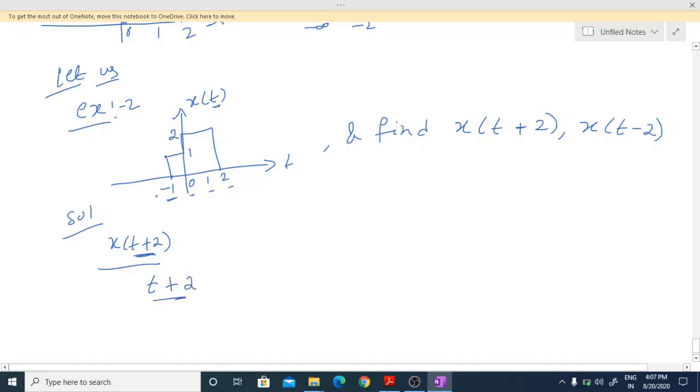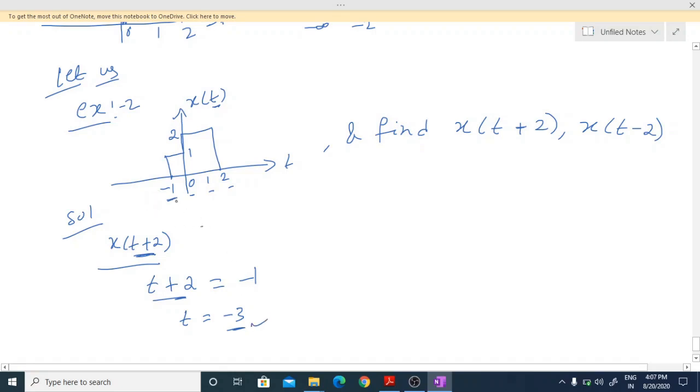Here, what is the start of the signal? At time -1. So I just consider t plus 2 equal to -1. Then what is the value? T equal to -3. What does that mean?